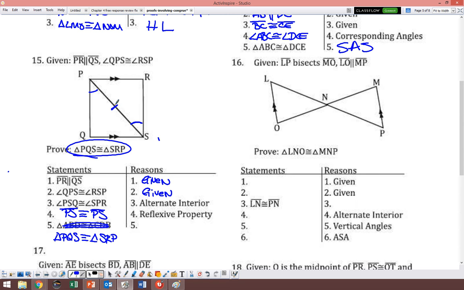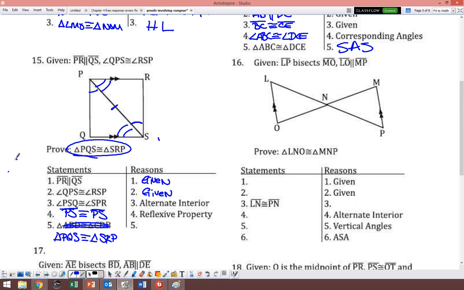Forgot to mark this. So I had parallel, had an angle. Uh-oh, did I mark this other angle? Nope. PSQ, PSQ, and SPR, SPR. There, now everything's marked. There we go.